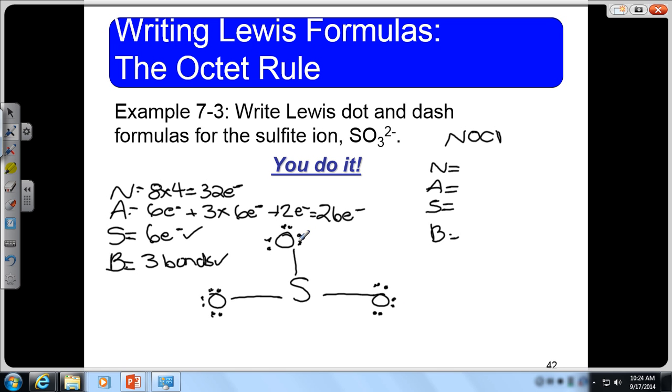How many electrons do I have represented now? 24. Count around, 2, 4, 6, 8, 10, 12, 14, 16, 18, 20, 22, 24, but I need 26. So now I'm going to go to my sulfur atom, and it's going to have a lone pair. Then I put it in brackets because it has a 2 minus charge. Questions? A lot of people go back and forth on this. Questions?